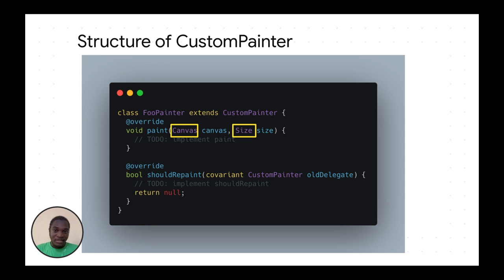And then the size is basically just the size of our canvas, like the height and the width. The second method is shouldRepaint. The shouldRepaint method returns a boolean, either true or false. And this tells the custom painter if it needs to repaint every time a new instance of the custom painter has been created.